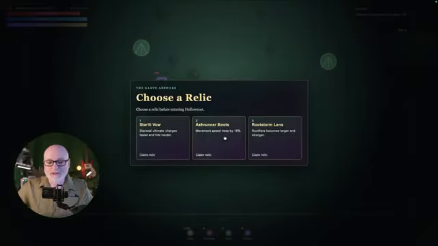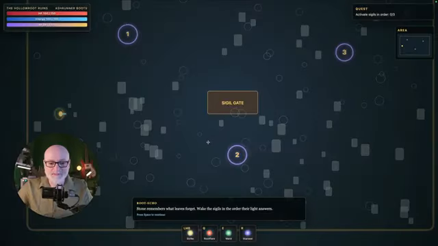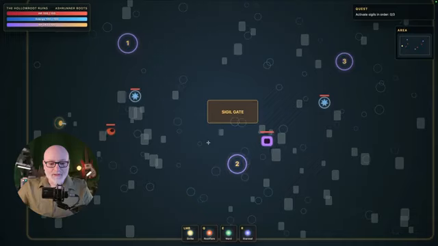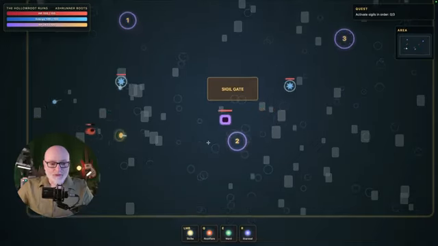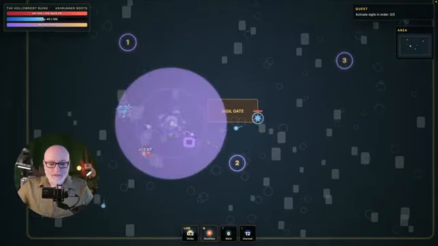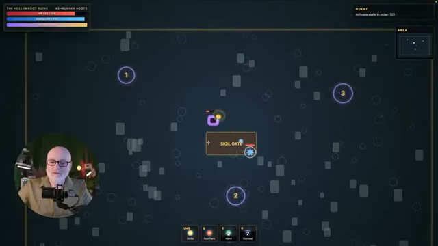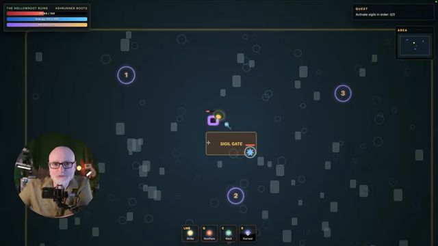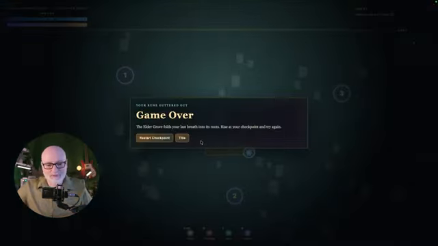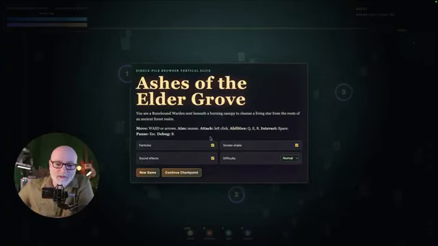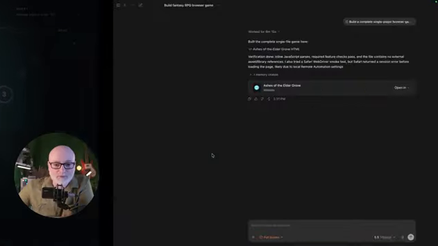And now I can choose what to get. Movement speed rises by 18%, for example. Okay, now I'm not going to win, I'm going to die, and I want to share with you what I managed to do. Yeah, game over. Okay, what I did with the other models.